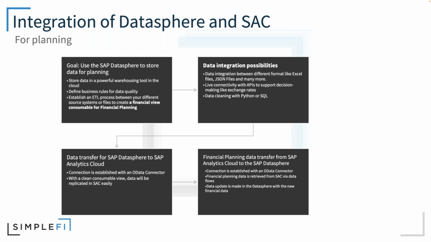And at the end, how do you send that data back to Datasphere? Datasphere can act as a data warehouse as well. Obviously, historically, that was its first purpose. So it again connects to SAC through an OData connector. So in both directions, we're using an open standard.